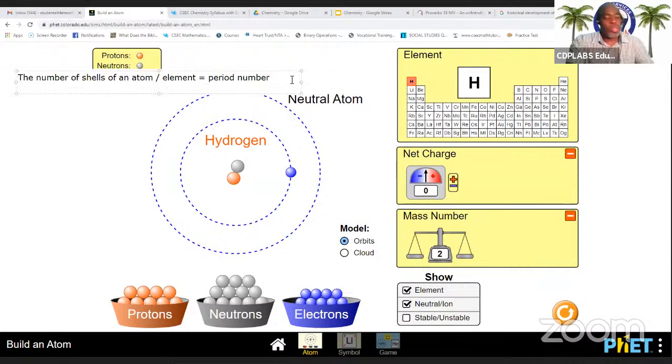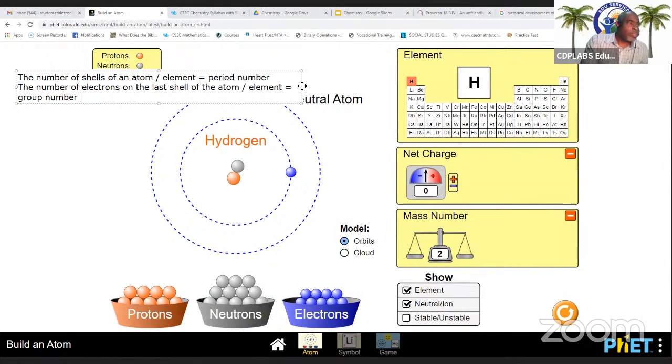Then the number of electrons on the last shell of the atom or element equals the group number. You have that?